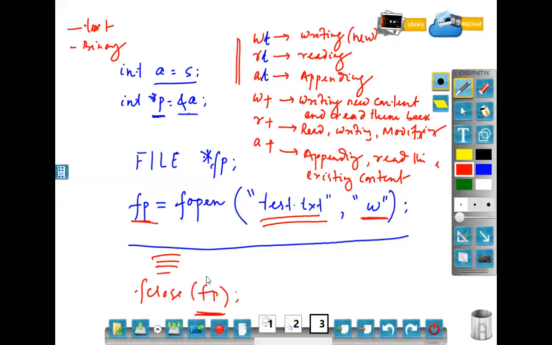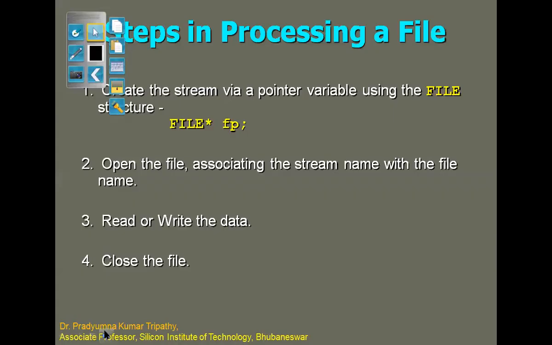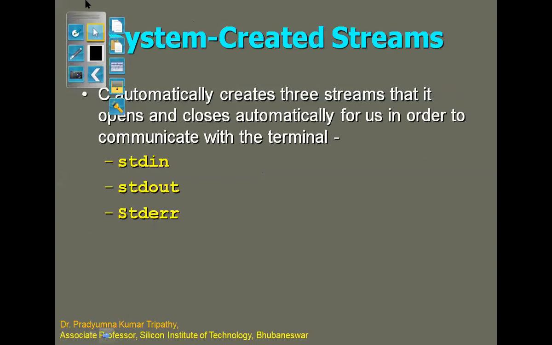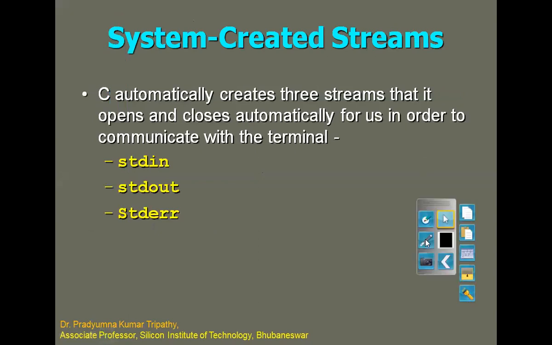So now this is the file pointer that I have discussed. C automatically creates 3 streams that open and close for you. What are those 3? stdin, stdout, stderr: standard input, standard output, and standard error device.